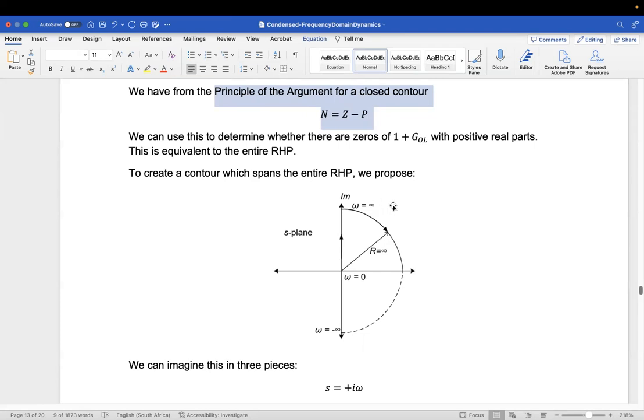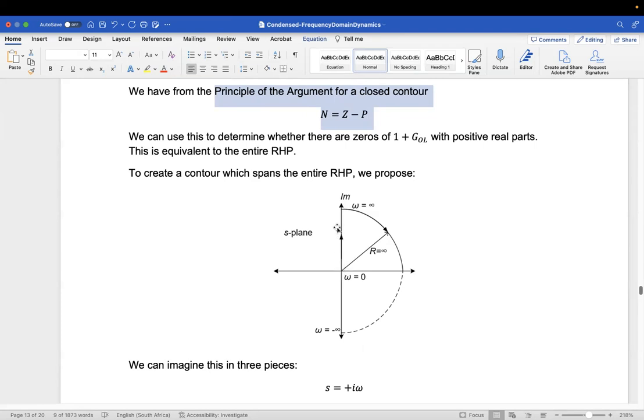We can create such a contour if we imagine a disk like this. So a semicircle where we start from 0 and we go off to infinity along this axis. So this is, of course, the function s equals i omega. So let's let omega be the distance we've traveled along this axis.